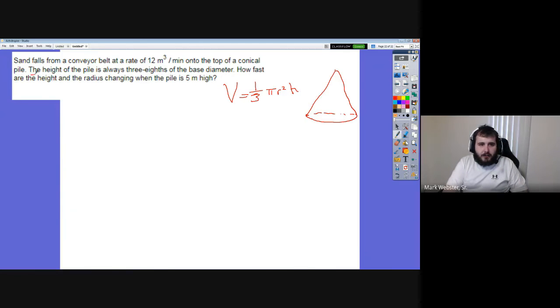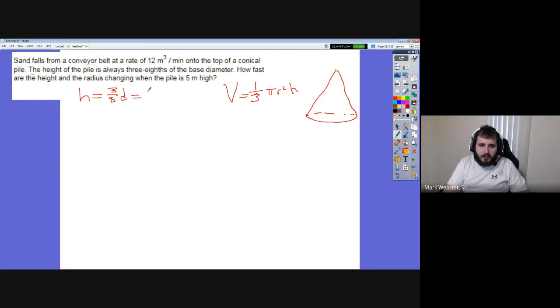The height of the pile is always 3/8 of the base diameter. Oh, that's information. Now we have an r here. We don't want no d. So let's rewrite this. Diameter is 2r.